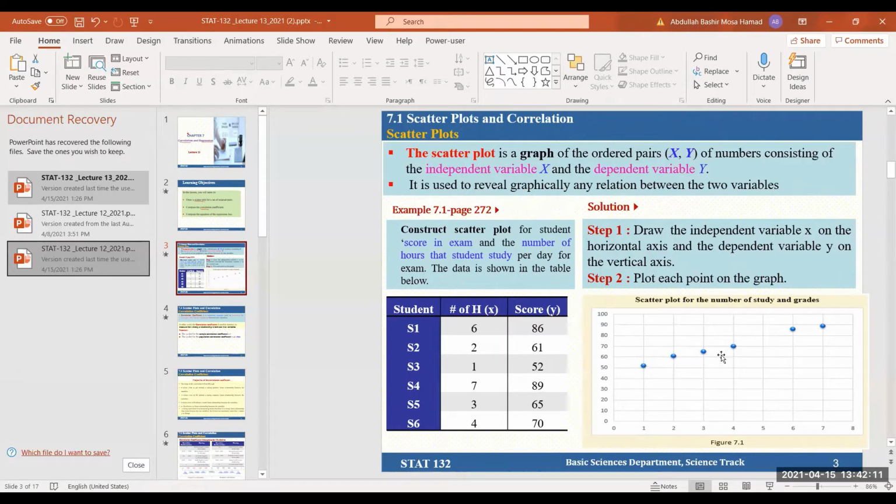This is just an example. Here we have just 6 students, so it looks like a relation exists, and it looks positive. As x, the studying time, increases, y, your score, increases. So as much time as you study, the better grade or score you get.